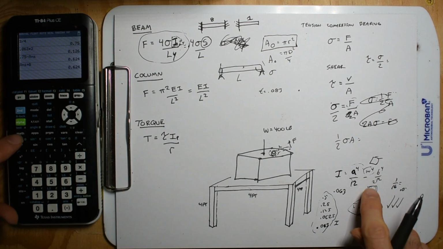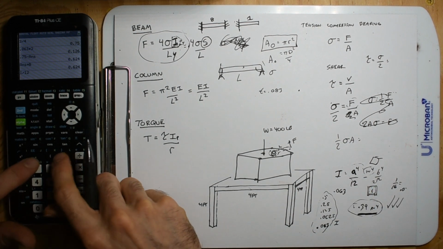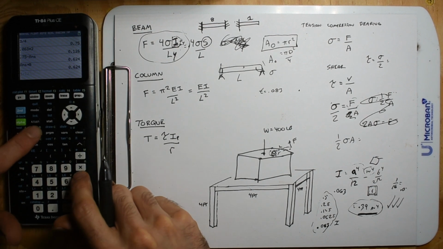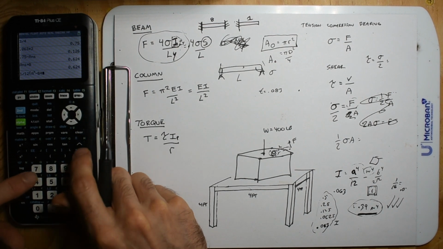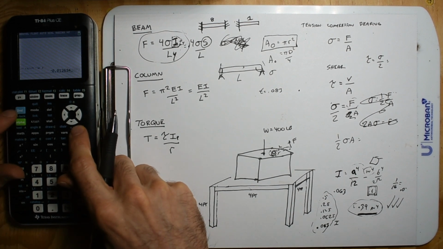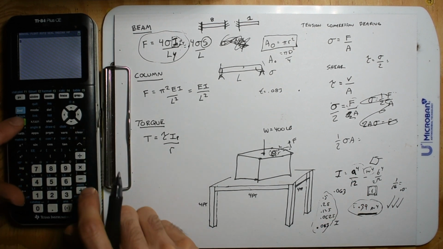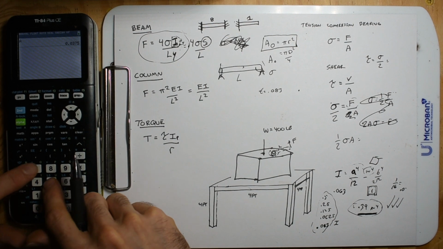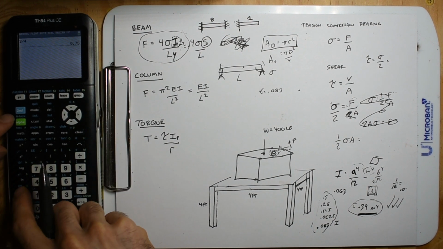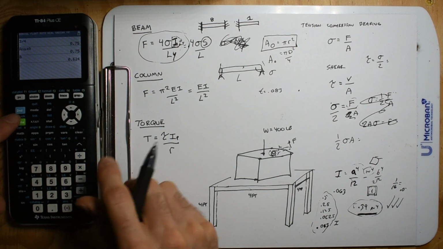So now you can just do this. You can go 1 divided by 12 parentheses alpha A to the 4th minus alpha B to the 4th. Oh, did I not put in alpha A? So alpha A is, no, I didn't. So 3 divided by 4 stored as alpha A. Alpha B is good to go.